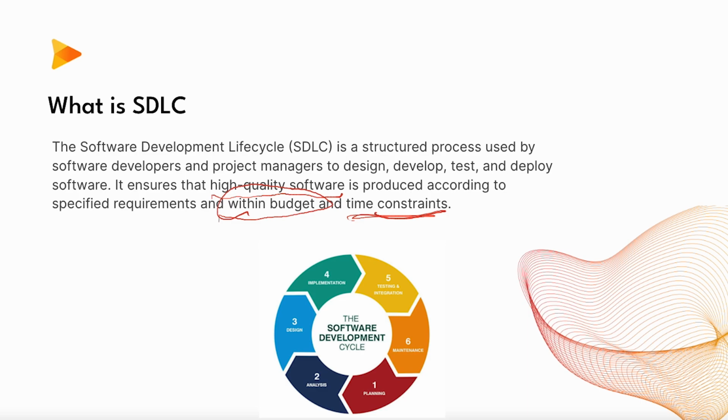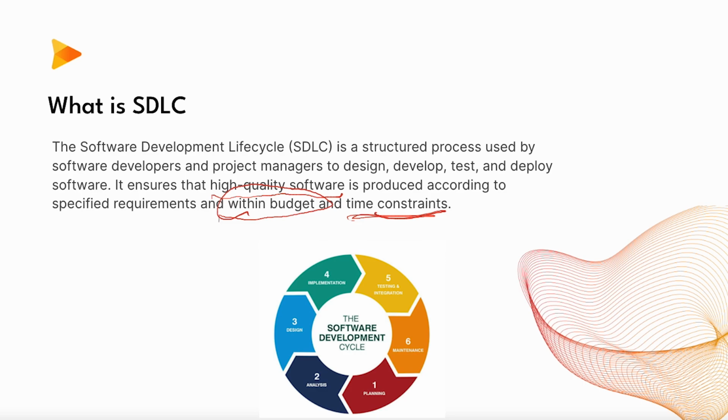So now that you have an understanding of the software development life cycle, the next thing I want you to know is that there are some stages involved in the software development life cycle, and these stages will permit you to have a better understanding of what this process looks like.